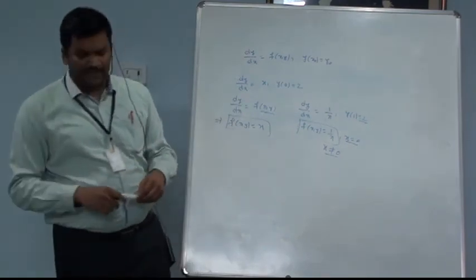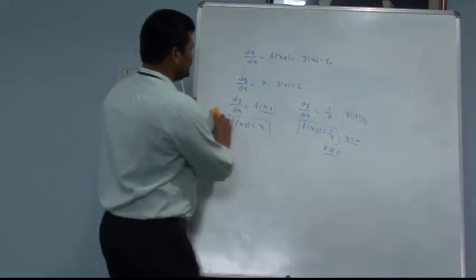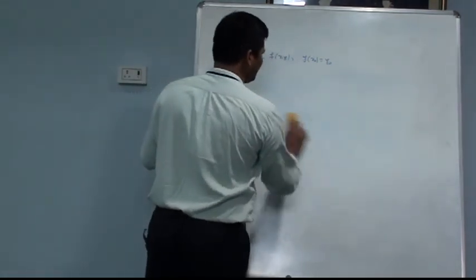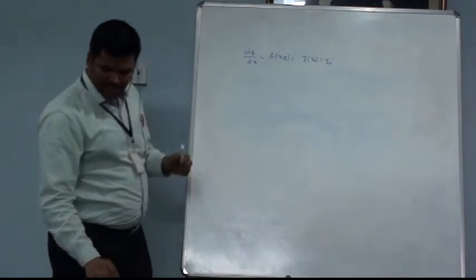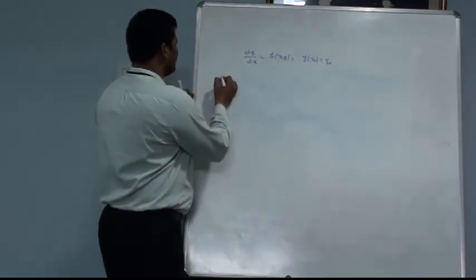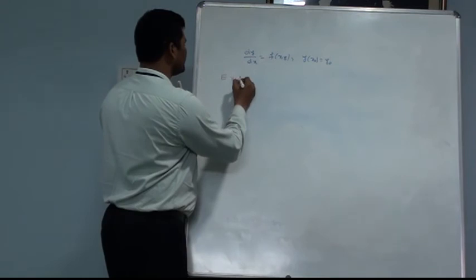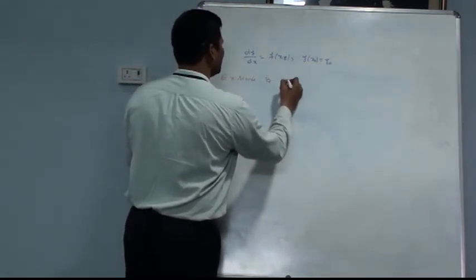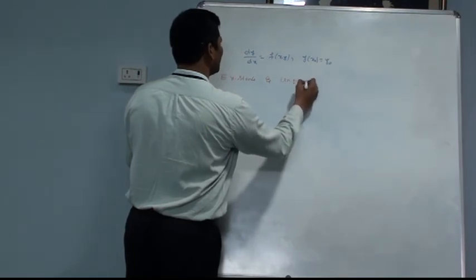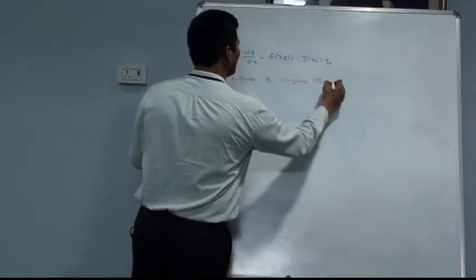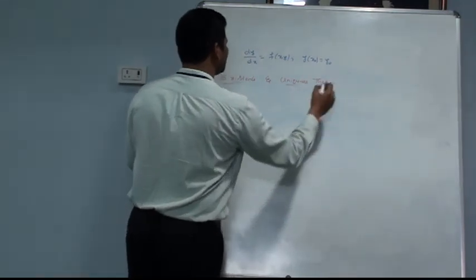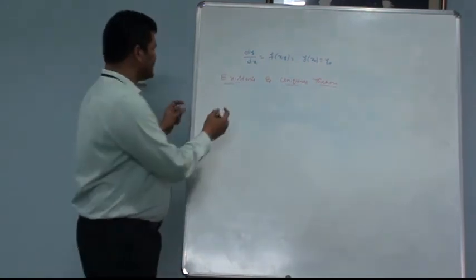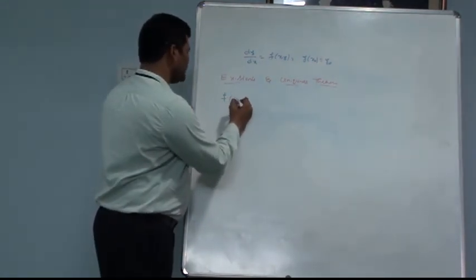In general, what is the condition? A very important theorem, called the existence and uniqueness theorem. The famous theorem in ODE is the existence and uniqueness theorem. So what is the existence theorem and what is the uniqueness theorem? In the existence theorem, let f of x, y be a function.